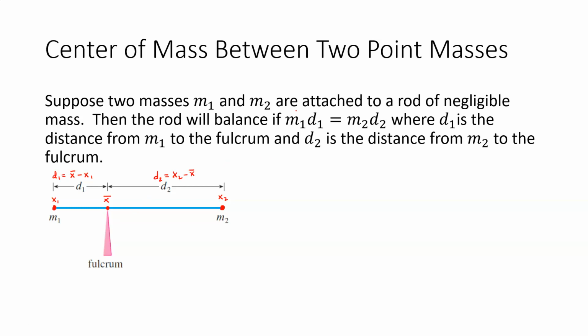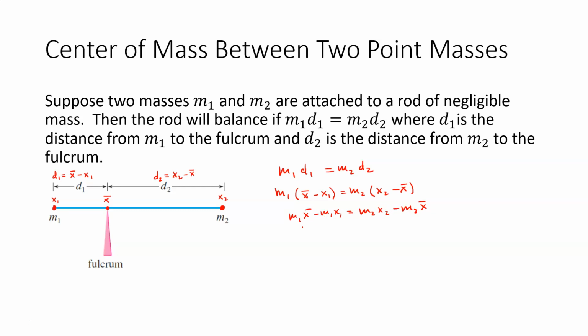Okay, so now we know, according to our principle here, M1 times D1 should equal M2 times D2. So we have M1 times (x bar minus x1) equals M2 times (x2 minus x bar). So we have M1 x bar minus M1 x1 equals M2 x2 minus M2 x bar.